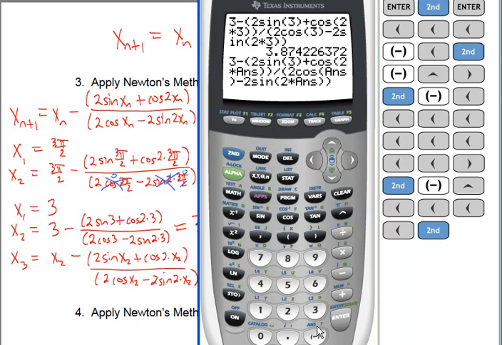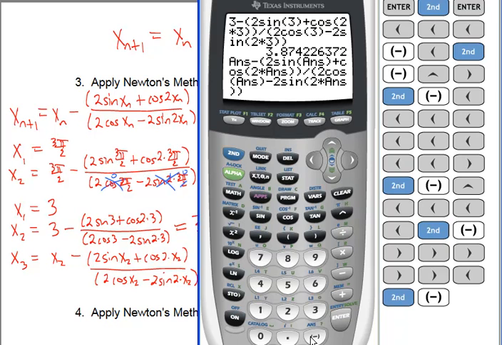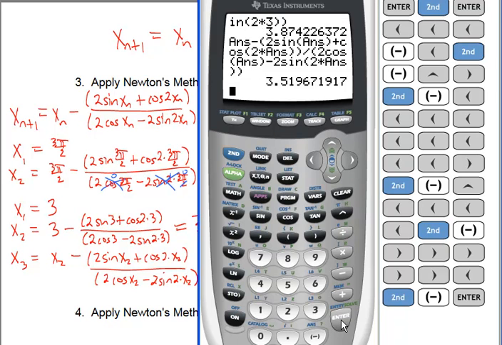So they're all going to be replaced by that 3.87 number. Okay, I think I got them all, so I'm going to hit enter, and this now becomes my x sub 3. So 3.519671917.